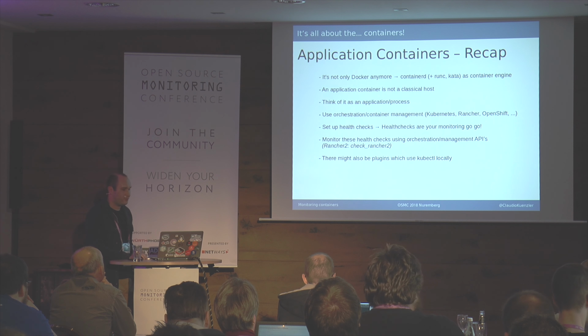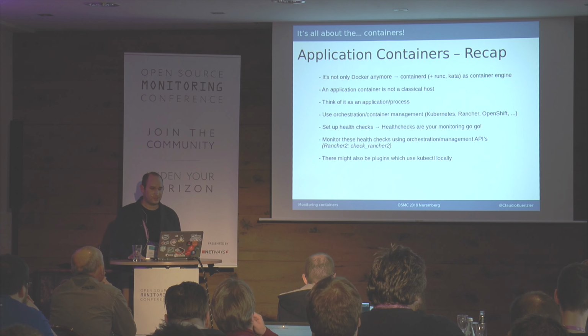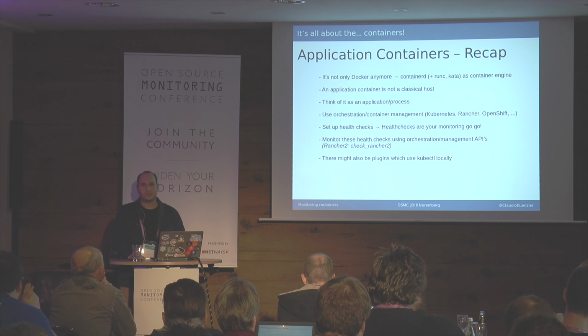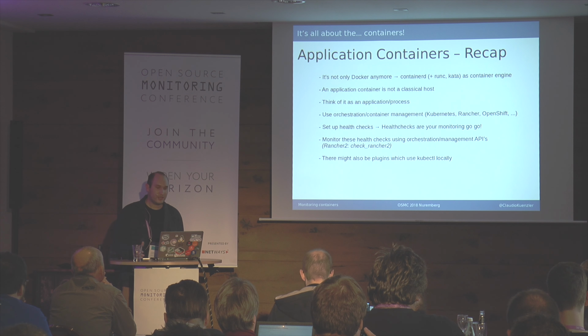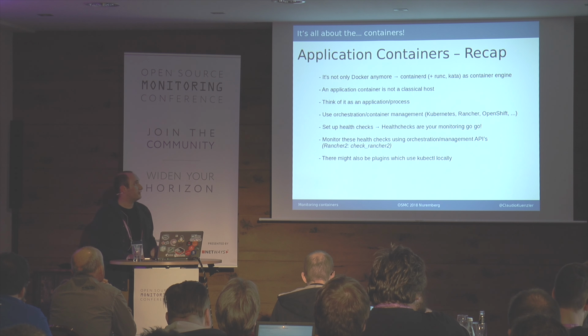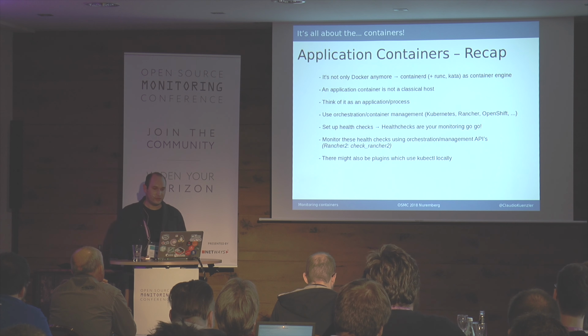As a recap of application containers, we're not talking Docker anymore, or mostly not anymore. These days we really have containerd, or we also have runc and Kata, which is pretty new, as container engines.